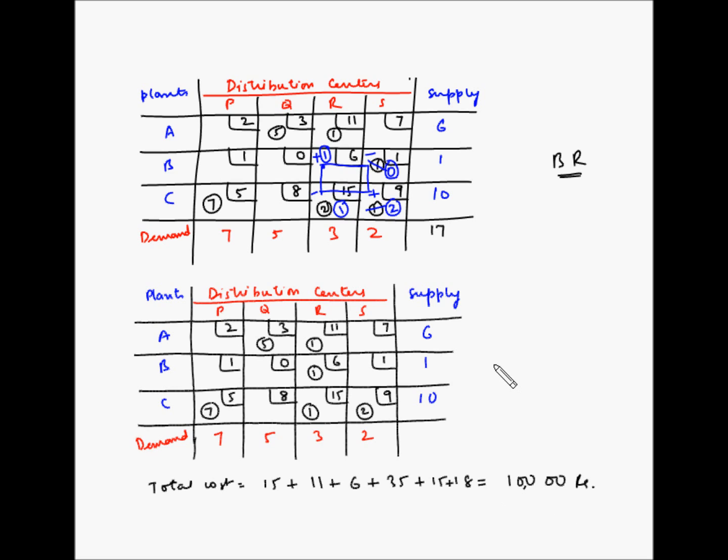Now the initial feasible solution that we had obtained using the Vogel approximation method gave us a total cost of 10,200 rupees, while after the first iteration we had arrived at a total cost of 10,100 rupees, and after the second iteration we have arrived at a cost of 10,000 rupees.